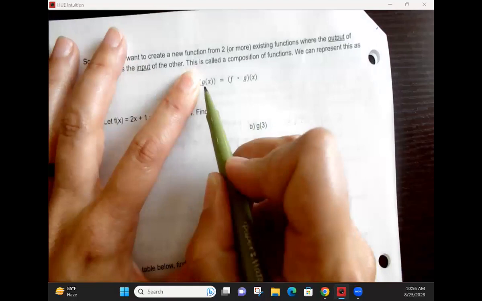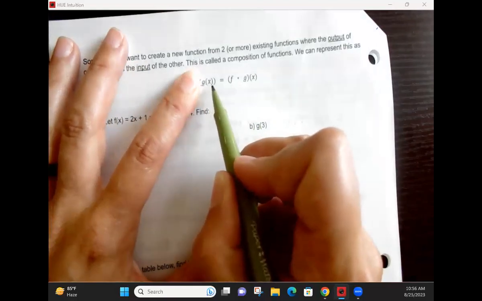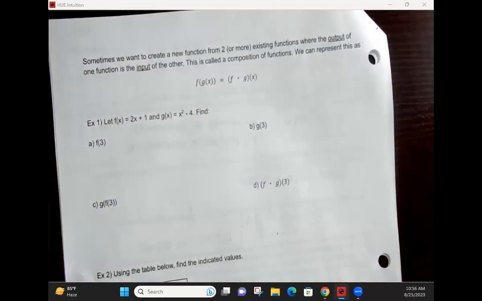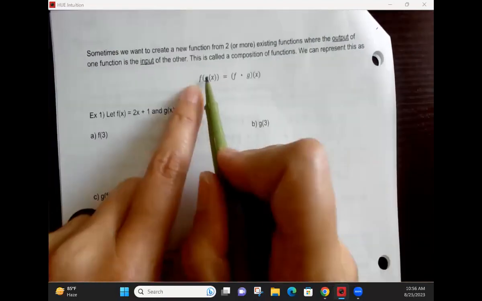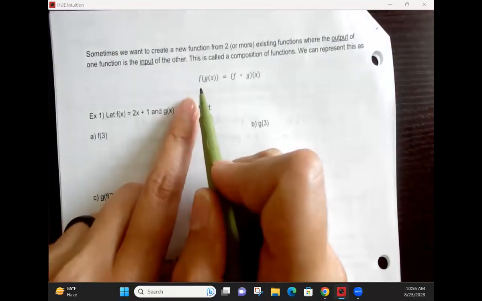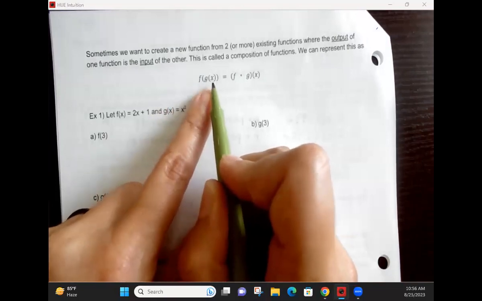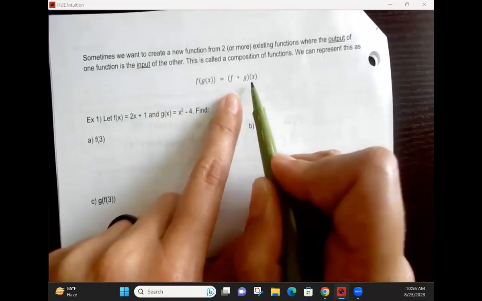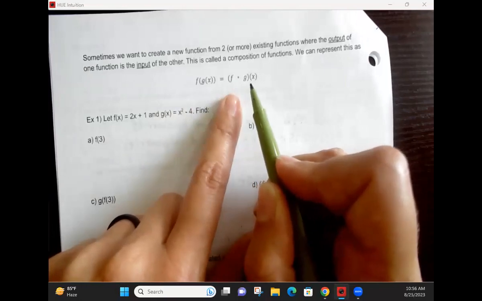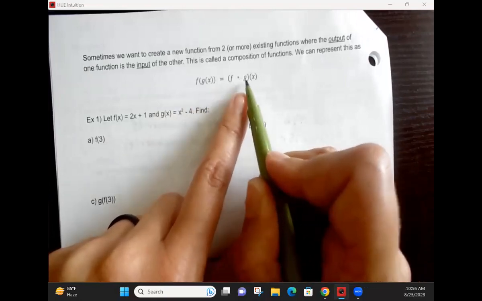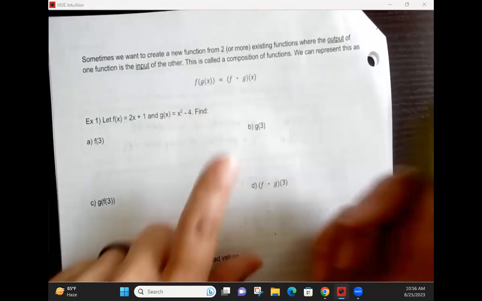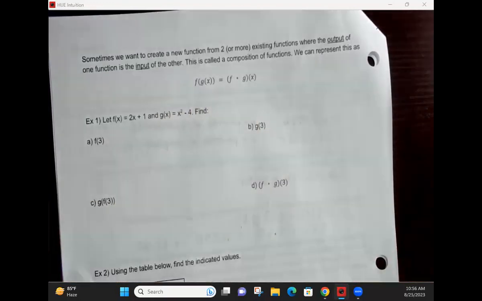This on its own, we would read as g of x. We've seen f of x, g of x, h of x. So when I throw another function name outside, this is f of g of x. And this we read the same way. It's a little bit different notation, but it means the same thing. f of g of x. They mean the same thing.